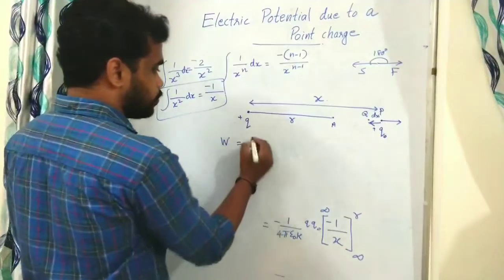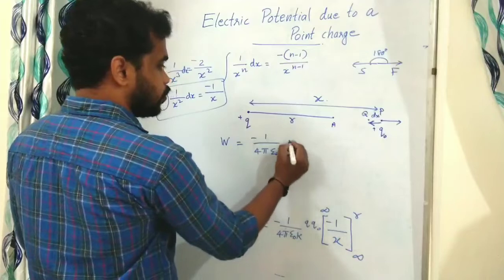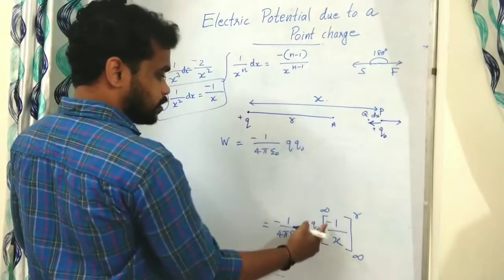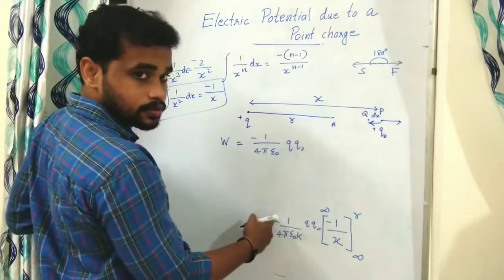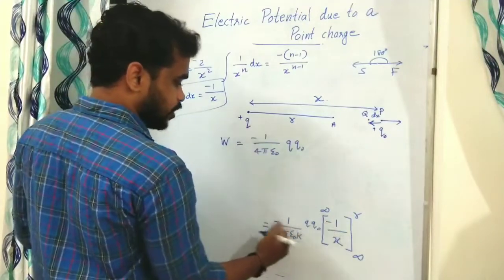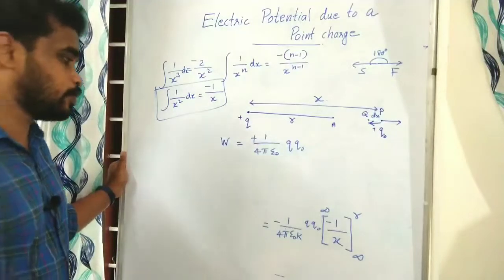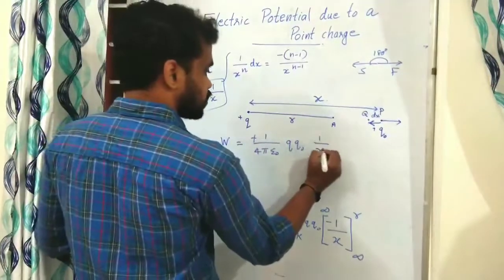Then the work done becomes minus 1 by 4 pi epsilon 0 k q0, and this minus we can take outside because minus is a constant. These two minuses become plus 1 by 4 pi epsilon 0 q0 into 1 by x.